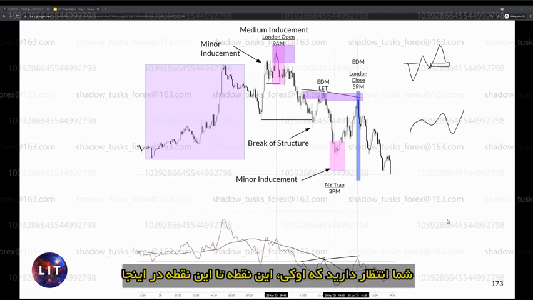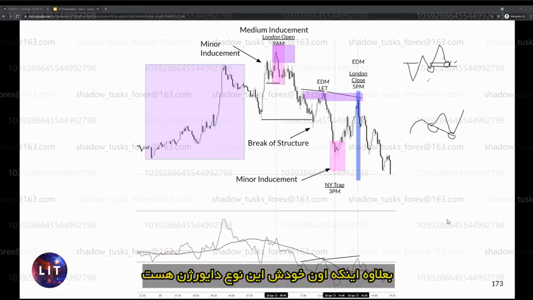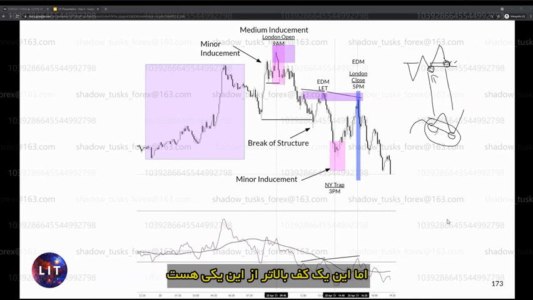You're expecting, okay, this point to this point is our EDM, because now it mitigates a zone we're already interested in, plus it is this type of divergence. You see the difference? This low is lower than this one, but this low is higher than this one.